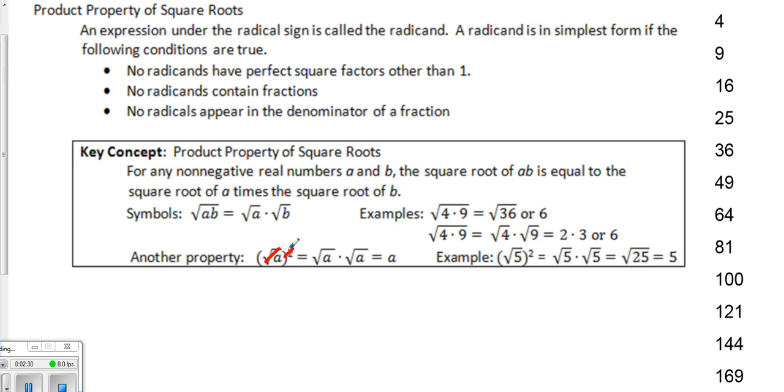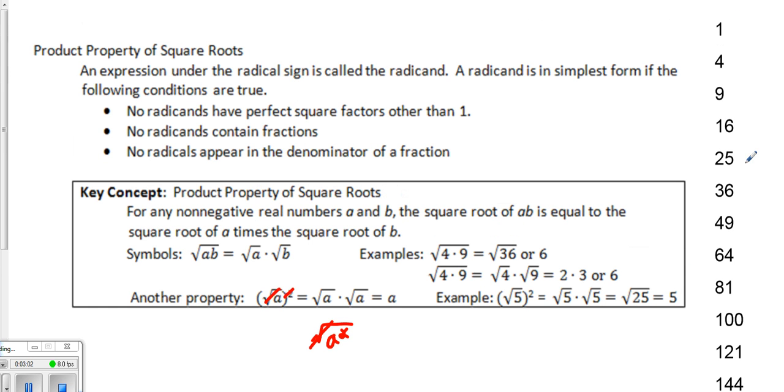And it makes sense because squaring something means times by itself, so the square root of a times the square root of a leaves just a. So, for example, the square root of 5 squared means the square root of 5 times another square root of 5, which means the square root of 25, which we know is 5.